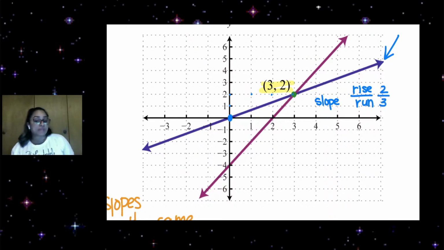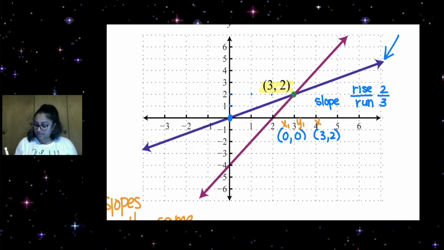Now let's say you don't like that and you'd like to use numbers. Not a problem. Let's go ahead and use the numbers. So I have 0, 0, and 3, 2. Don't forget you have to label them. So x1, y1, x2, y2. Don't forget, I can label it x2, y2 first, and then x1, y1, as long as I'm consistent.